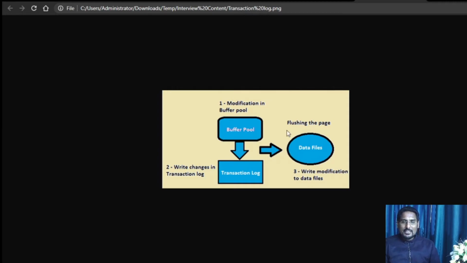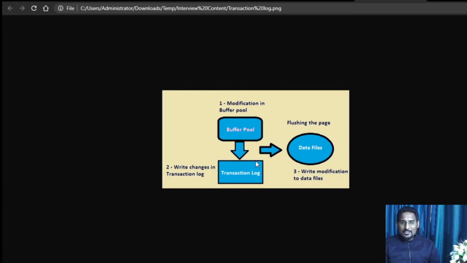So flushing the page means the transaction which you have just completed, like creation of a table and then inserting data in the table, all this activity gets stored in a page inside the buffer pool. From the buffer pool, it goes into the log cache, and from the log cache to the transaction log.